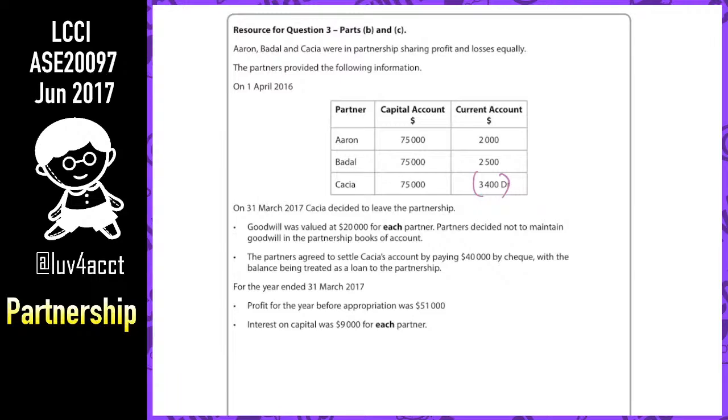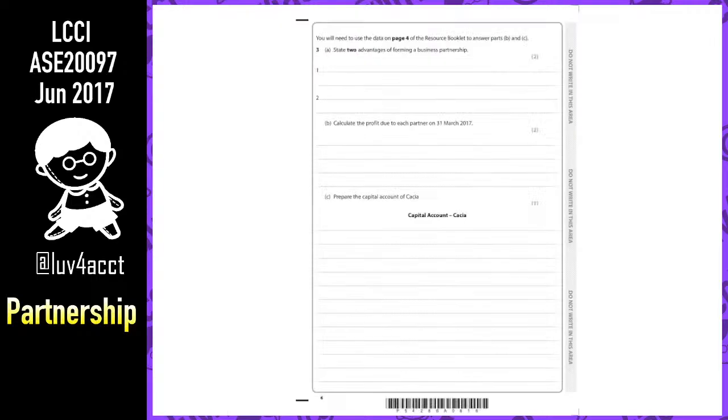For the year ended 31st March, the profit for the year before appropriation is 51,000, interest on capital 9,000 each. Okay, so I think we have to work on appropriations and then the retirement.